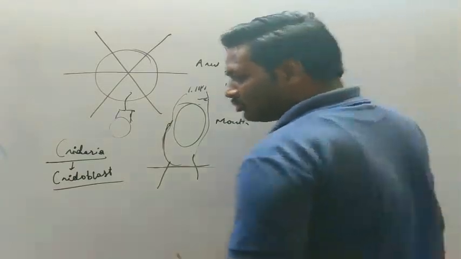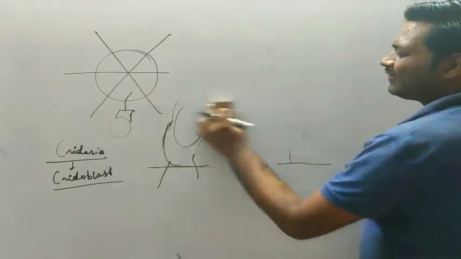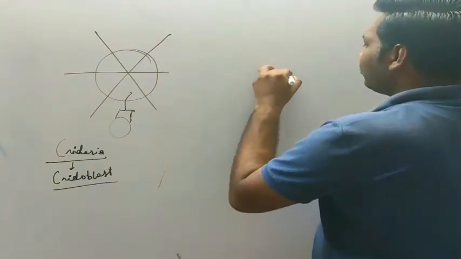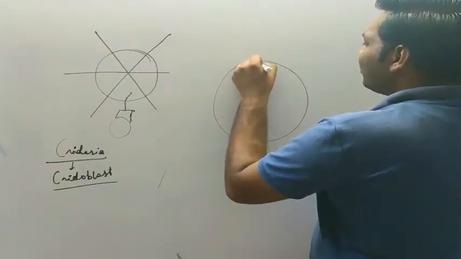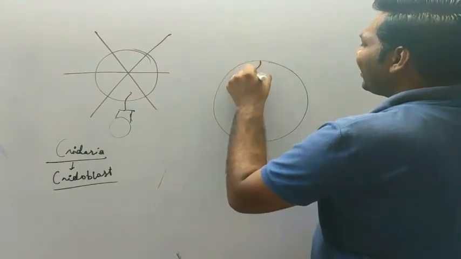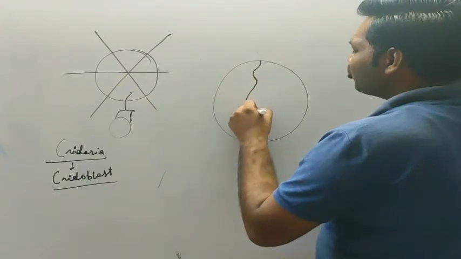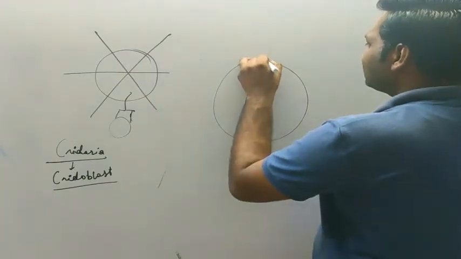I will show you by the diagram itself. Most of the examples can be studied with the help of diagram only, no need to go with the explanation again. So we have drawn a diagram like this, which has the mouth, then pharynx, then the gastrodermis, and which opens into the anus like this.